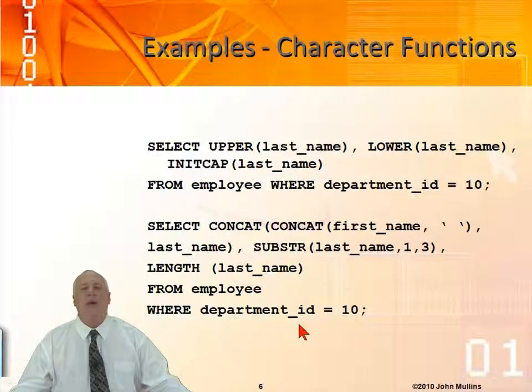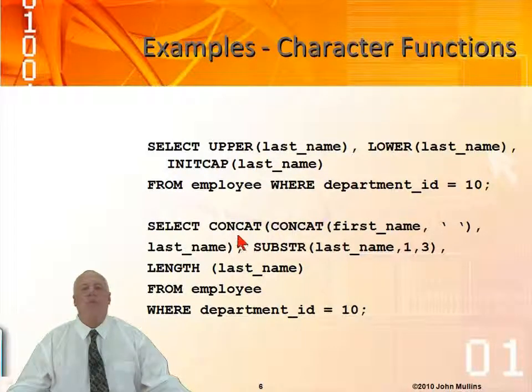Okay. The second one here gets a little bit more complicated in that it has the concat function, which, if you remember, appends one string to another, but remember it only takes 2 arguments as well. What we also have here is not only an example of how to use concat and how to use substring, but also how to nest one function inside another.